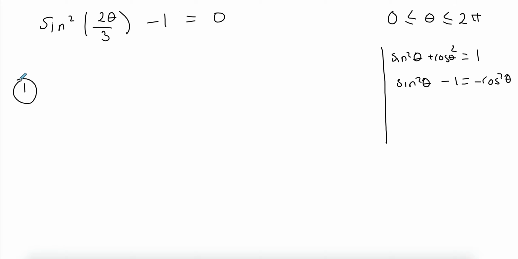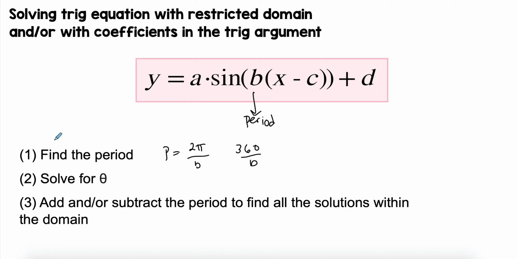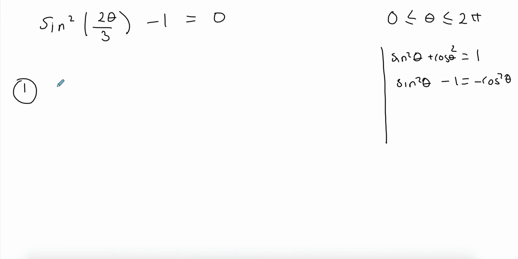So our first step, as mentioned in the previous video or in the first slide, is you need to find your period, solve for theta, and then add or subtract the period that you found. The period here, we're in radians, so I have 2 pi over the coefficient. The coefficient here is 2 over 3, and solving this is going to give me 3 pi.